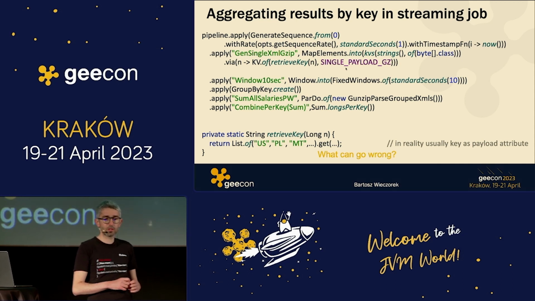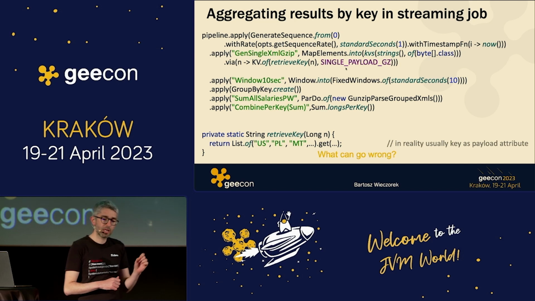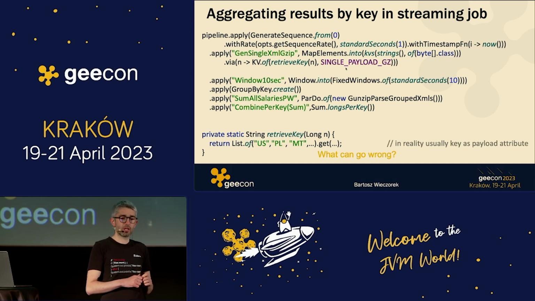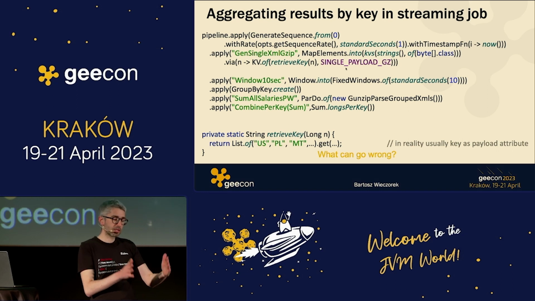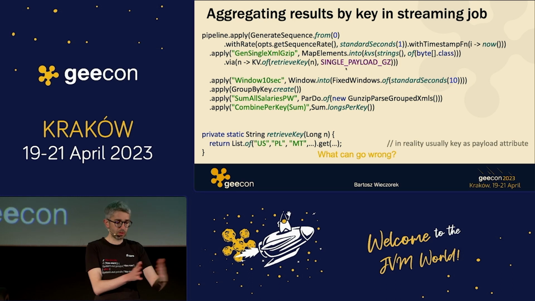If you look into the source, I'm using generate sequence, and when the element is generated, I assign the instant now. So each element will have the timestamp when it was generated. I'm looking into the timestamps of these events and grouping them into 10 second windows.